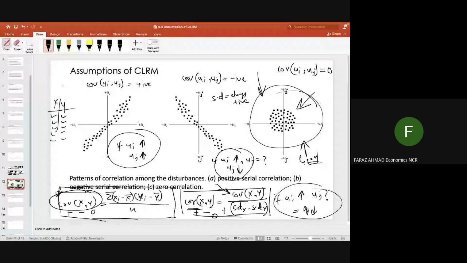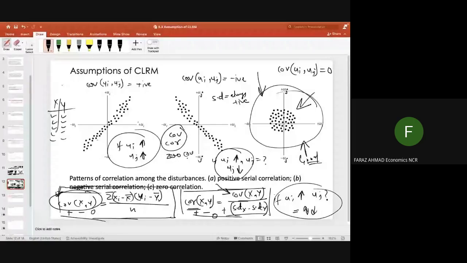So on the basis of this understanding, you can use covariance and correlation interchangeably when you are interested in knowing whether there is zero covariance or correlation and non-zero covariance or correlation, right?